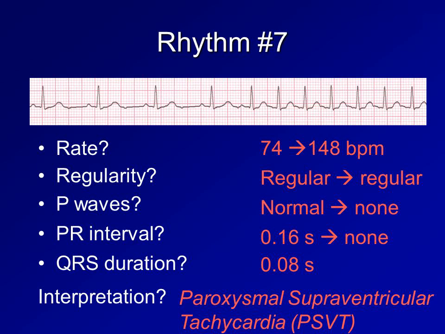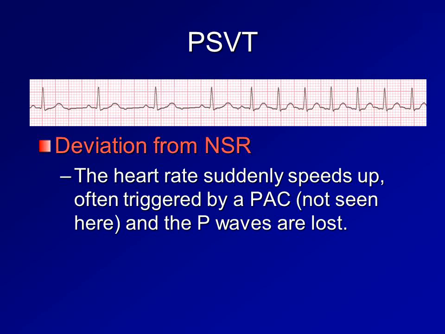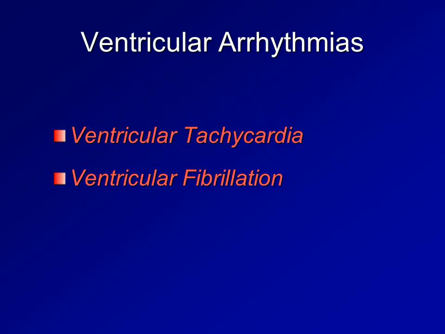Rhythm number 7: rate 74 to 148 bpm, regularity regular, P waves normal or none, PR interval 0.16 s or none, QRS duration 0.08 s. Interpretation: paroxysmal supraventricular tachycardia, PSVT. Deviation from NSR: the heart rate suddenly speeds up, often triggered by a PAC, not seen here, and the P waves are lost.